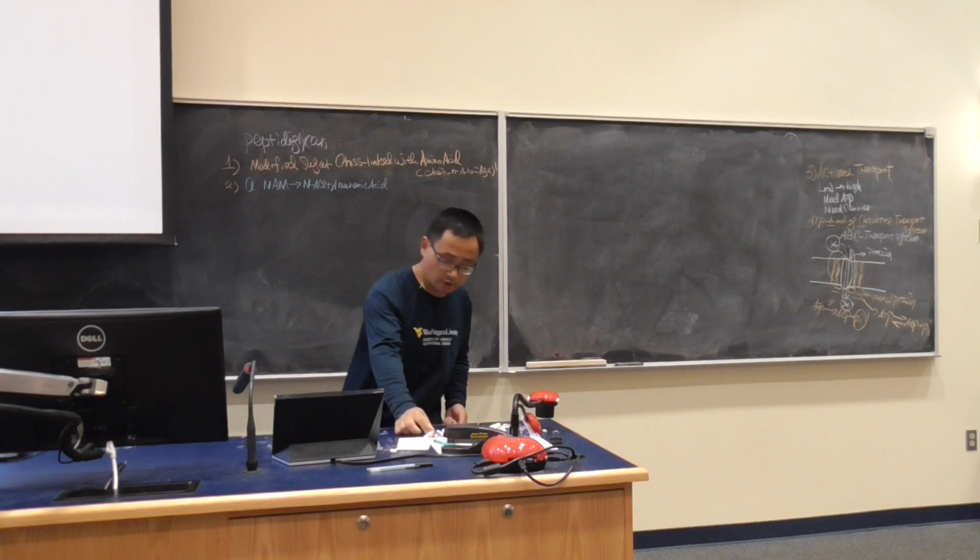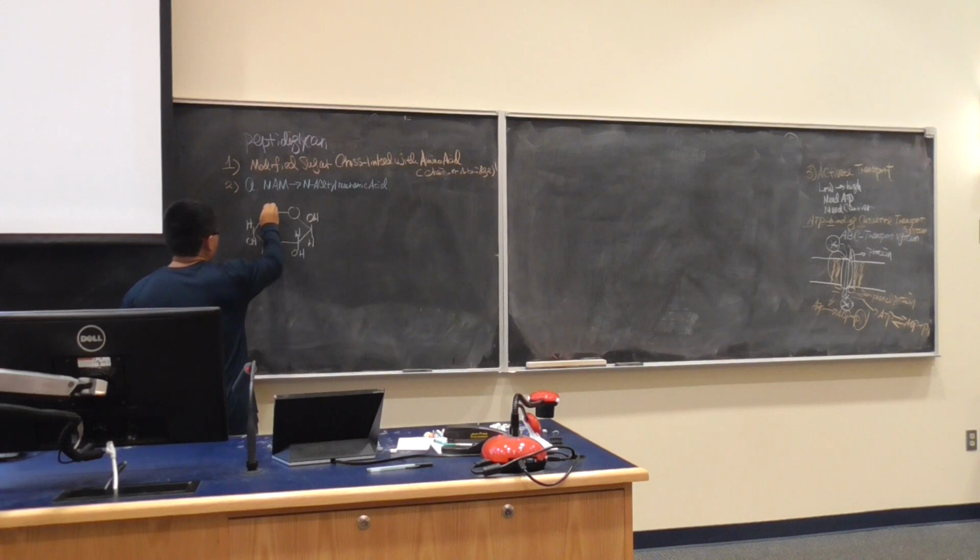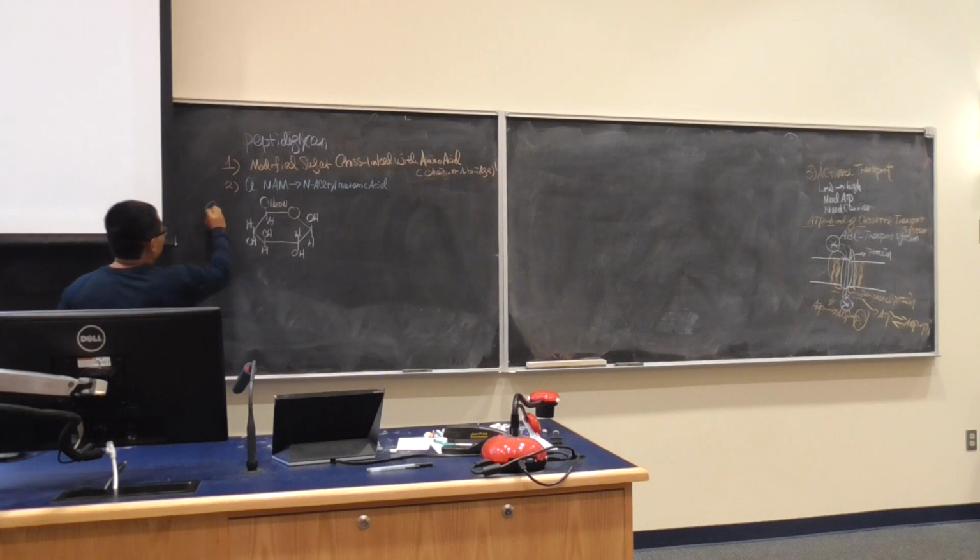Then we go to chemistry again. At the beginning, you need to know this structure: OH, H, H, OH, opposite direction, OH, H, then CH2OH, and then H. What is this? Glucose.